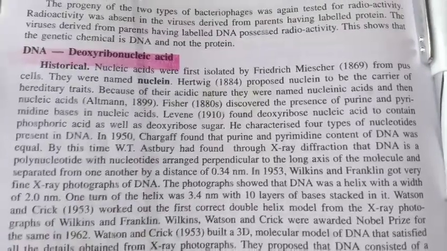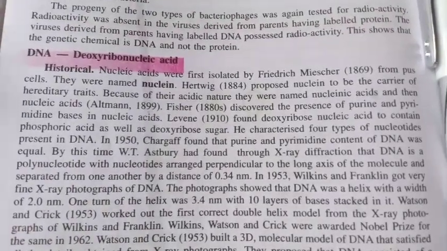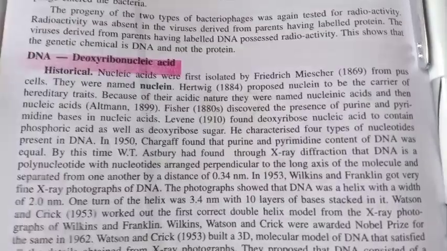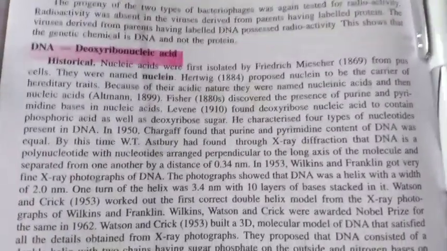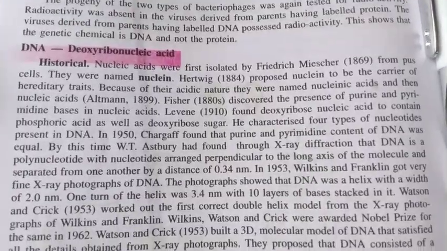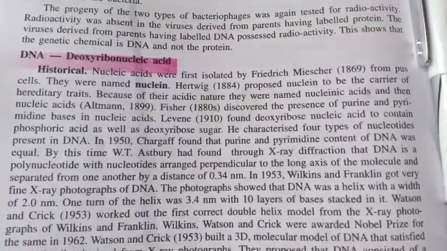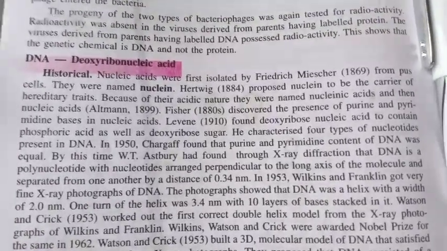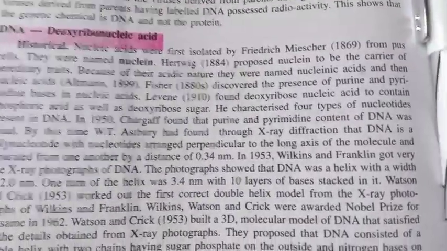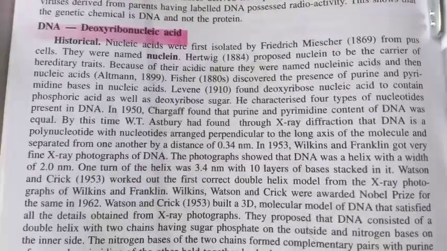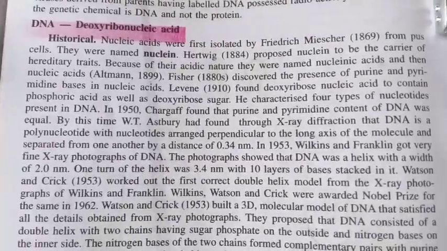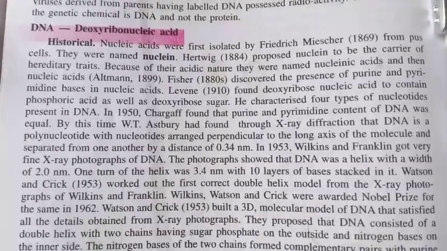In 1950, Chargaff found that the purine and pyrimidine content of the DNA was equal. By this time, W.T. Astbury had found through X-ray diffraction that DNA is a polynucleotide with the nucleotides arranged perpendicular to the long axis of the molecule and separated from one another by a distance of 0.3 nanometer.